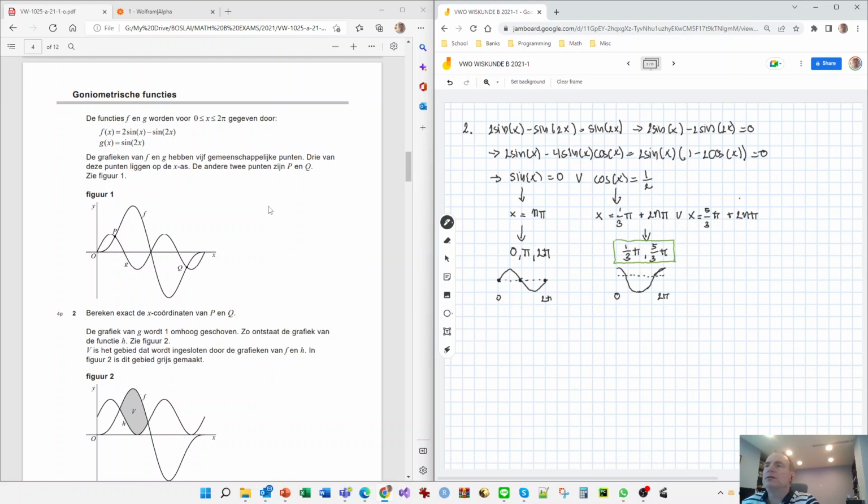The other 2, P and Q, are not on the x-axis. And calculate the x-coordinates of P and Q. Okay, that's not too shabby. Just calculate where they intersect and take the points that are not on the x-axis. These are P and Q.